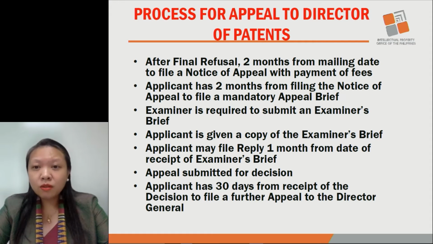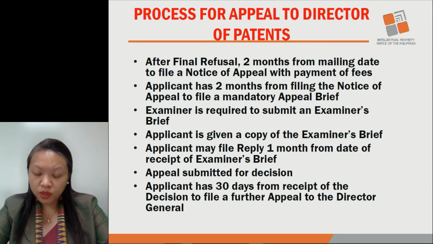The examiner who issued the final refusal is also given an opportunity to submit an examiner's brief to refute the arguments in the appeal. And then a reply may be filed by the applicant or not. Then the appeal is submitted to our office, the Office of the Director and the Assistant Director, for decision.